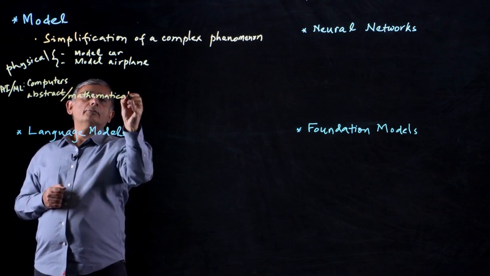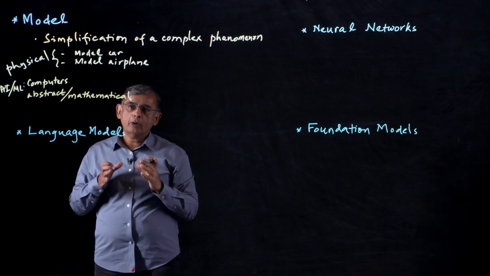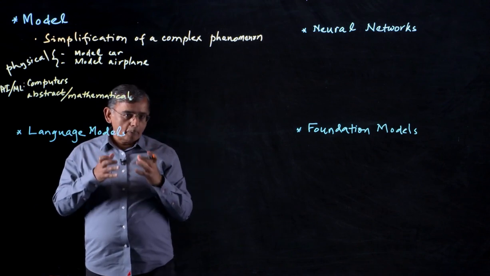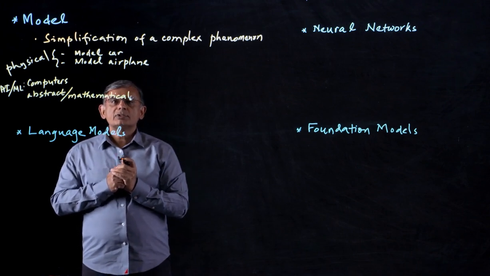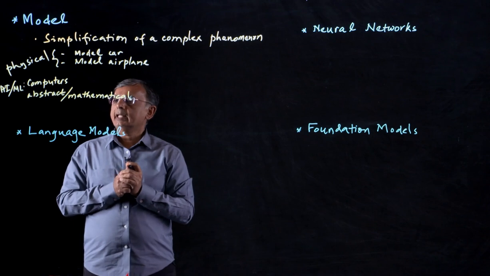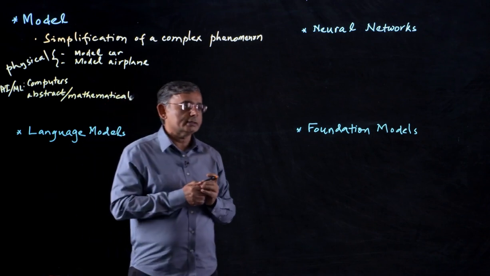So we keep that in mind here, that we are talking about abstract or mathematical models that simplify a complex phenomena. These models are used in different ways that classify as AI or machine learning use cases.